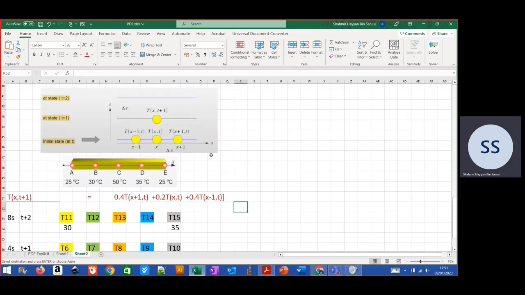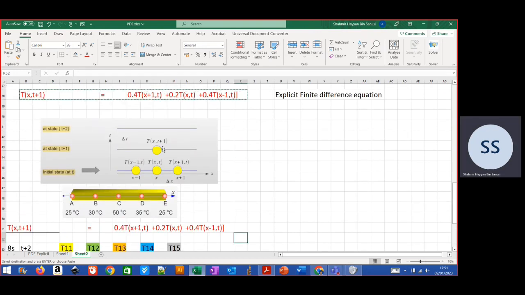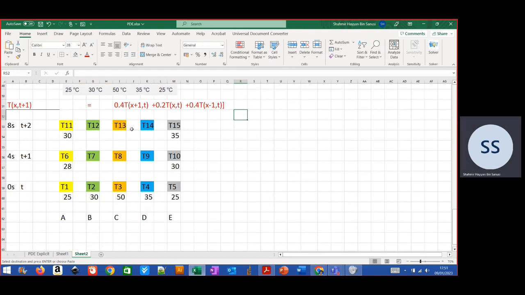So if you remember the computational module, which is this one. Basically, if let's say this is our X, the next point at C would become X plus 1, and the point before X is X minus 1.